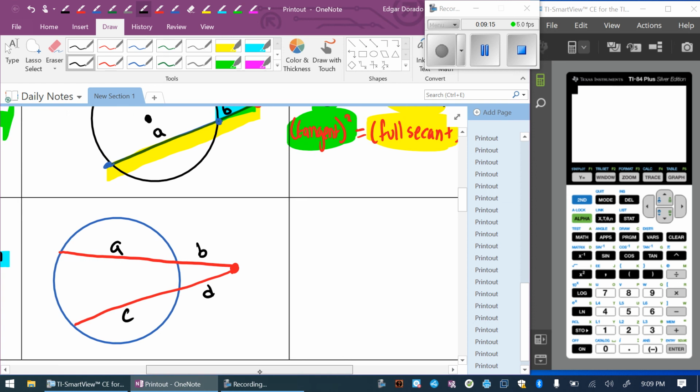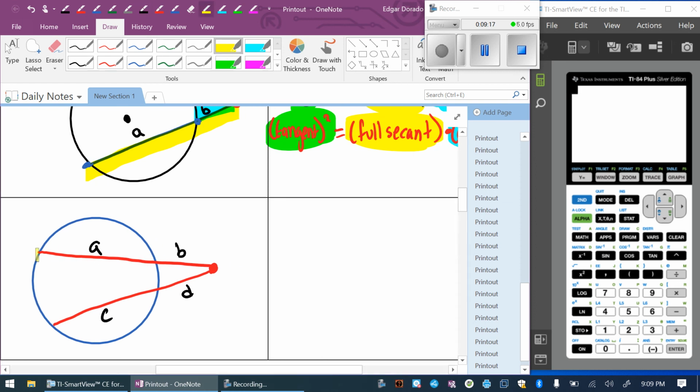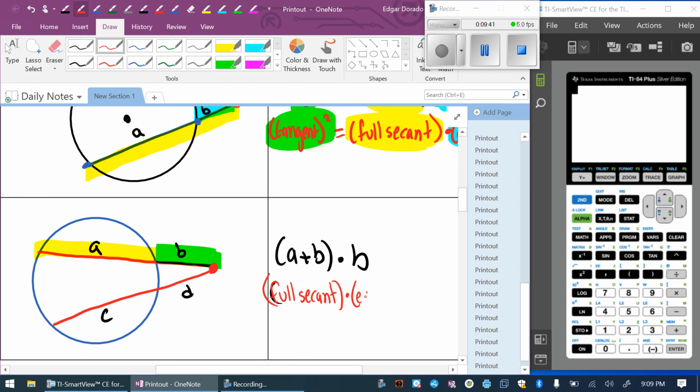So the full secant for this first part is A plus B times its external portion, which is just B. So again, let's write that down here, guys. You're going to multiply the full secant times just the external segment of the secant, okay?